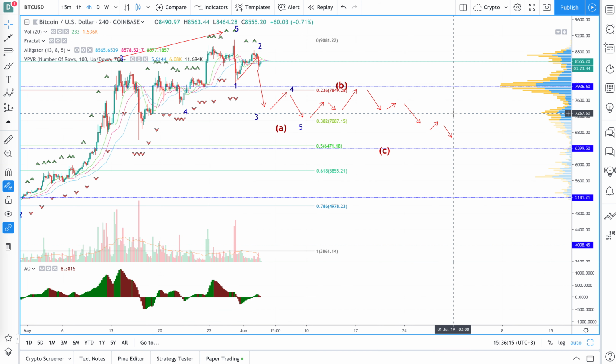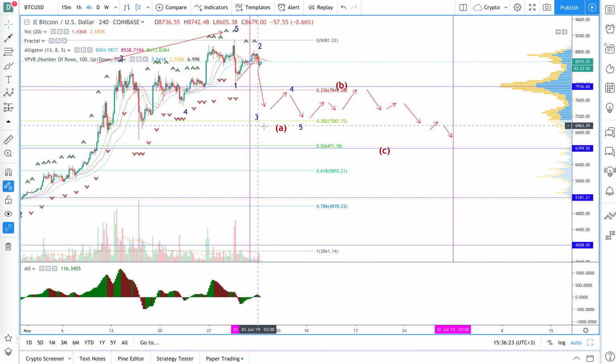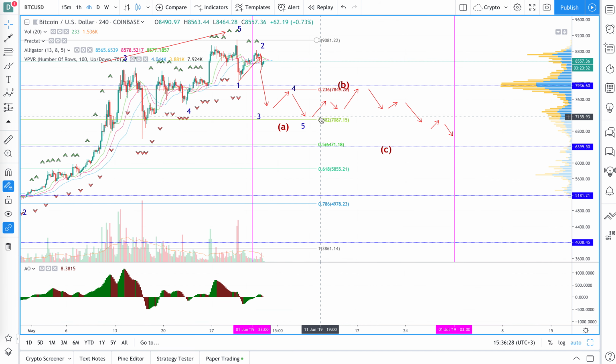So this is our 1st of July, and this is the 1st of June. So within that time frame, I believe within 1 month, we can see some kind of correction which would happen. The other alternative, of course, is that we go into the flat, where the price will be bouncing between around 7,000 and 8,000 for the next month as well.